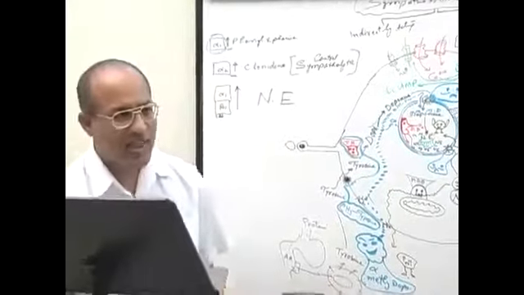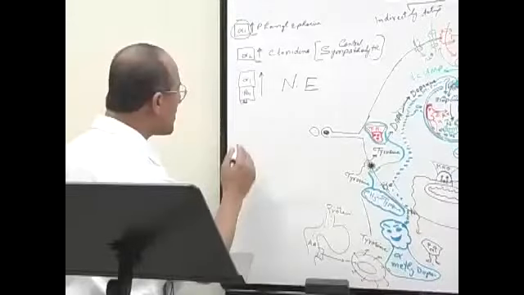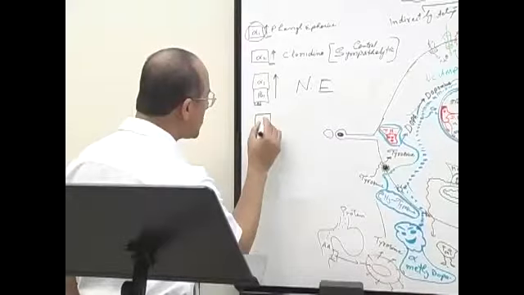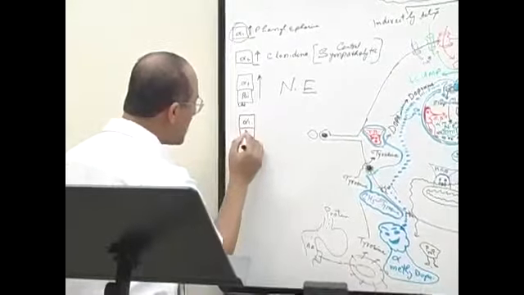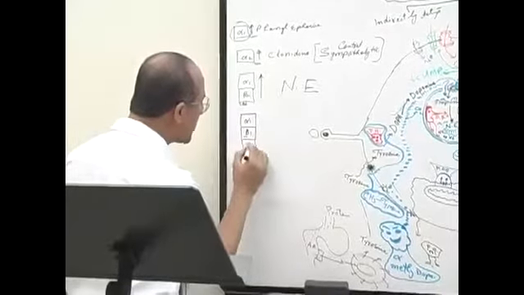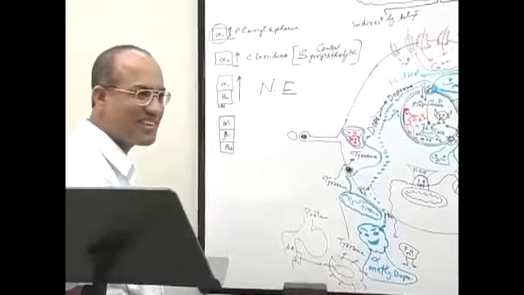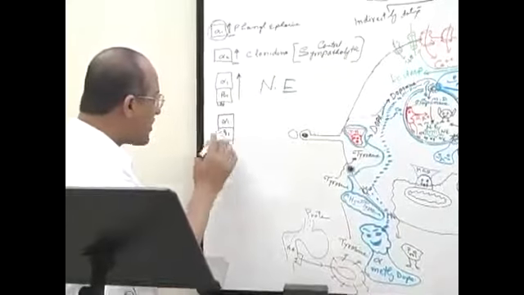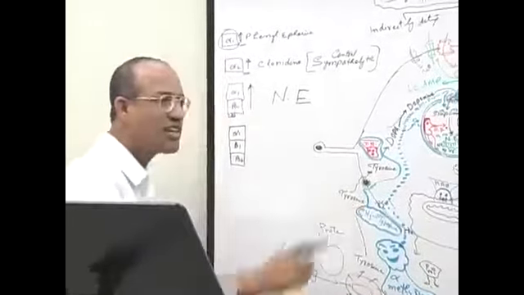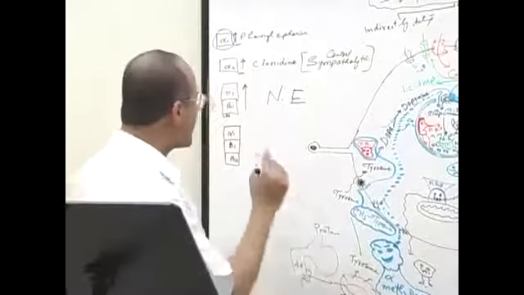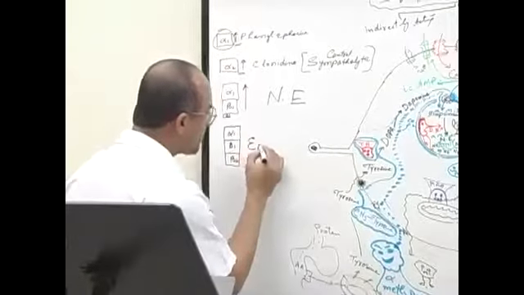Am I clear really? Okay, go one more step. Come to another drug which will stimulate alpha-1, beta-1, and now we have a drug which also stimulates beta-2. Alpha-1, beta-1 and beta-2, all of them are stimulated. What is the name of this drug? Yes, ma'am. Excellent. It is epinephrine.